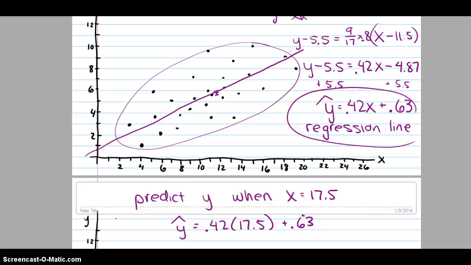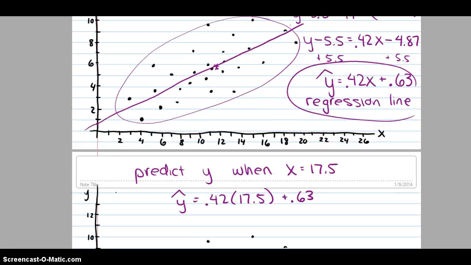I'm going to do that live this time so I don't grab a wrong number. I get my y prediction to be 7.98. If I plotted that, 17.5, 7.98, that looks about like what my line might be. Should have been a little lower, but I drew that line just eyeballing it. It probably should be a little lower.